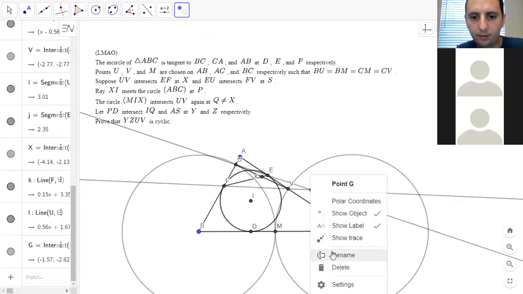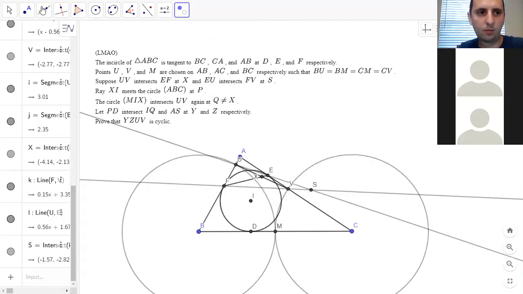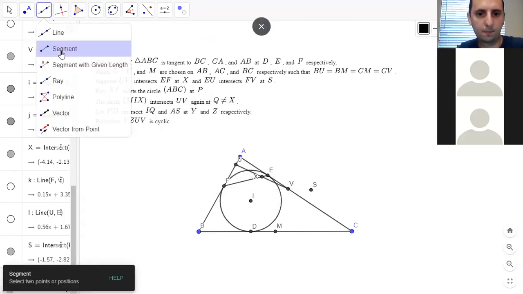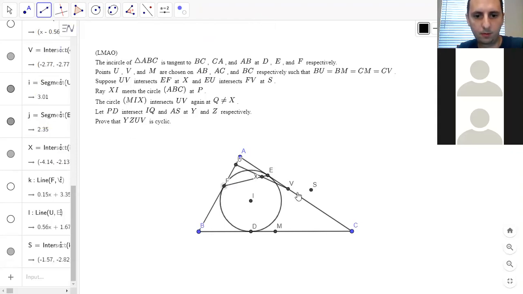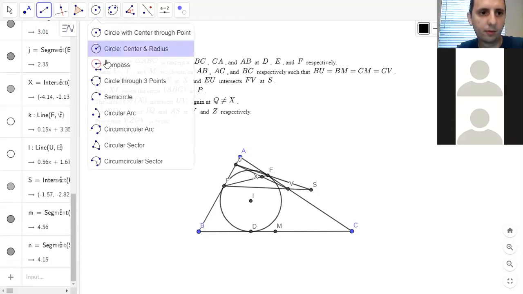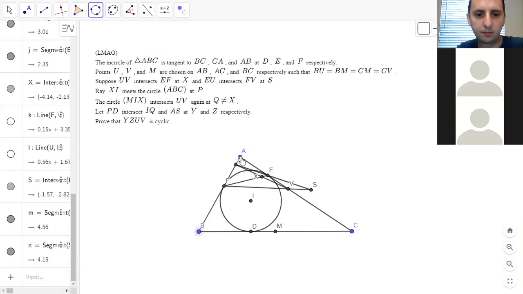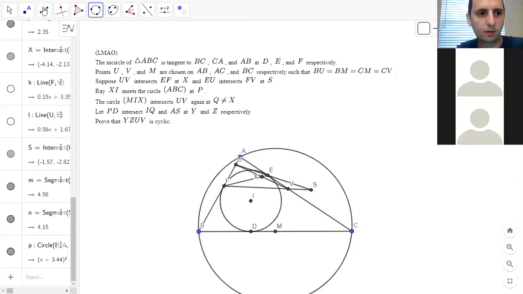So this is S. XI meets the circle at P. E is the same as the mixtilinear tangency point.